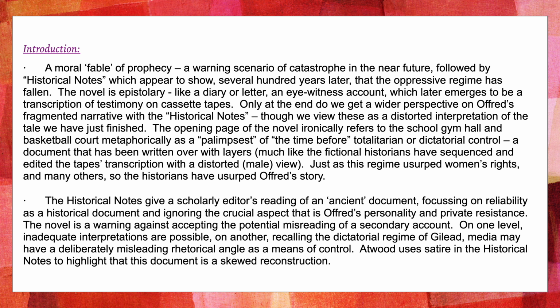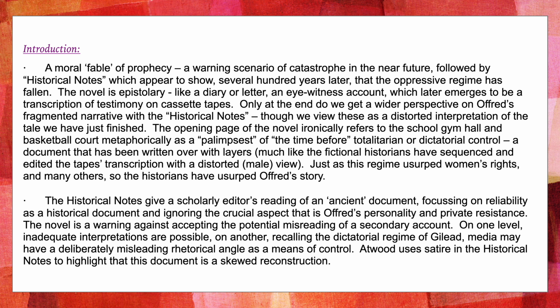The novel therefore becomes a warning against accepting potential misreadings of a secondary account. People in the historian's audience at the end could simply accept his view of it, or they could actually be looking at the original material and drawing their own conclusions, a bit like we shouldn't let the media or false news, fake news, steer our thinking on such a thing. On one level, inadequate interpretations are possible, and it might be fairly innocent.